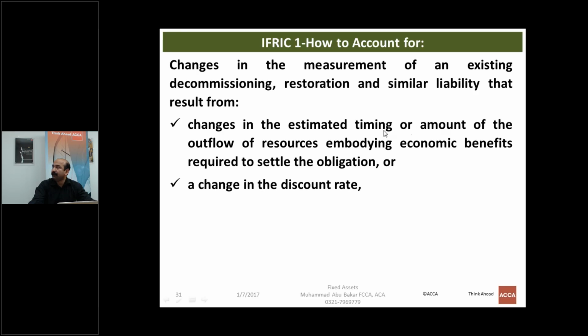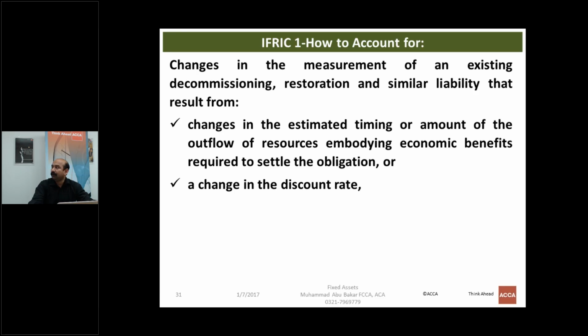So there could be a change in the amount, and there could be a change in the timing of that outflow, because time value of money is involved. If timing of that outflow is changed, that also affects your estimate. And the third one is if there is a change in the discount rate. Any change in estimated timing, or estimated amount, or the discount rate will change the measurement of your decommissioning and restoration cost.